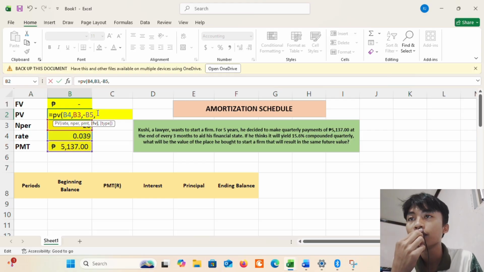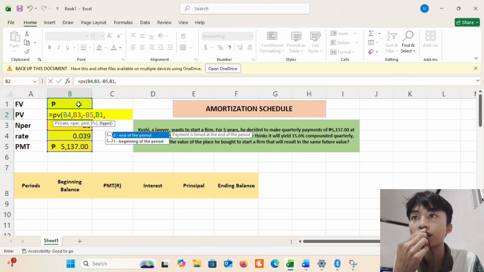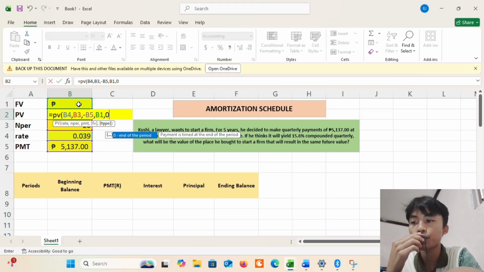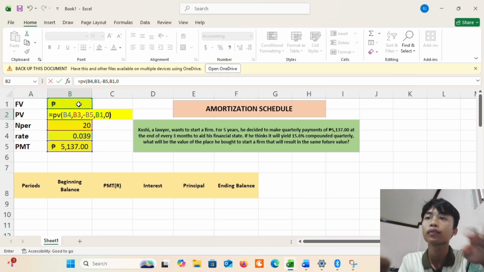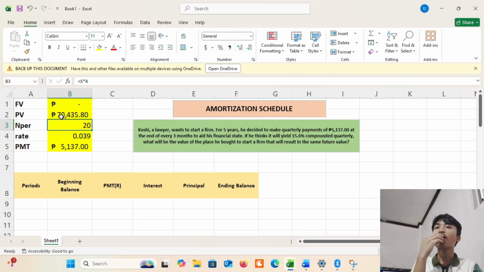Next, click the FV, the cell B1, then comma. Then let's decide if it is at the end of the period or the beginning of the period. So in the problem, it is at the end of the period, so let's put 0. Then close parenthesis. Then enter. So that is our present value.